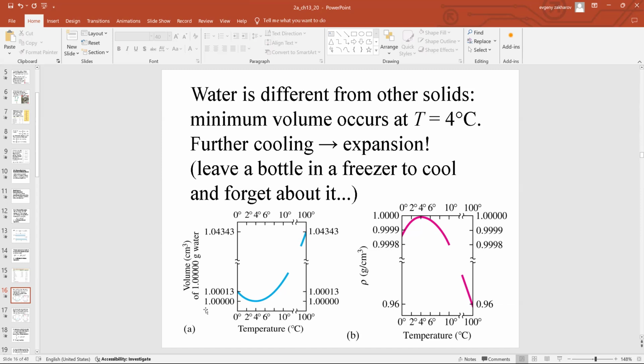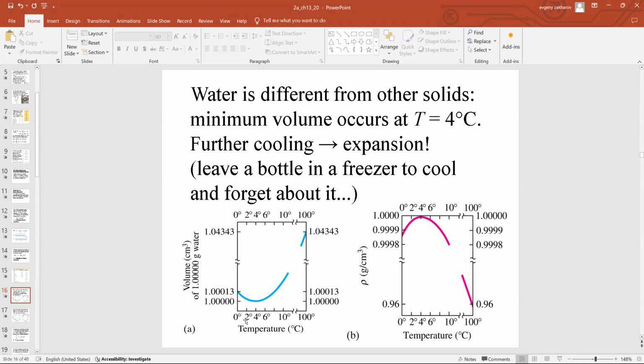There would be freezing of the top layer, and that top layer would expand because of this little change in volume with decreasing temperature. That expansion would allow the ice to float on top of the liquid. Remember how ice has a little less density than actual water, so ice would float, and further cooling of the environment wouldn't freeze the lake altogether all the way to the bottom.